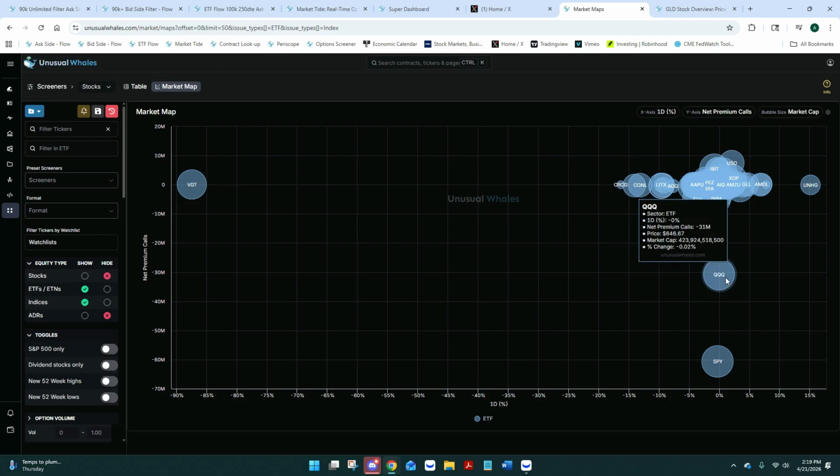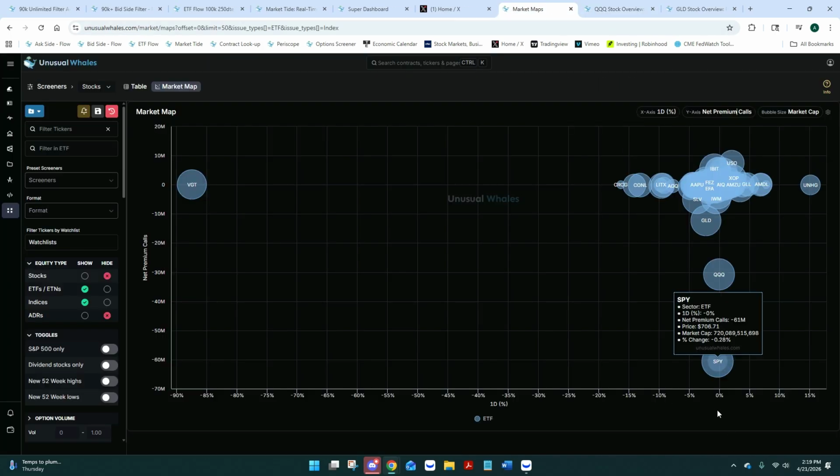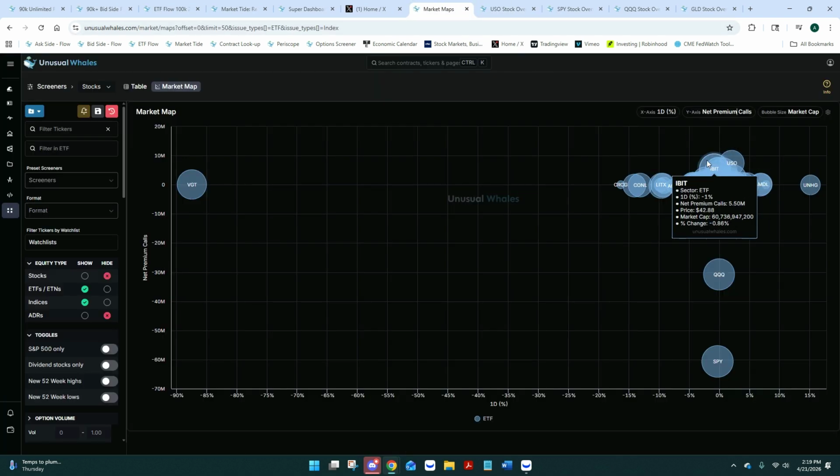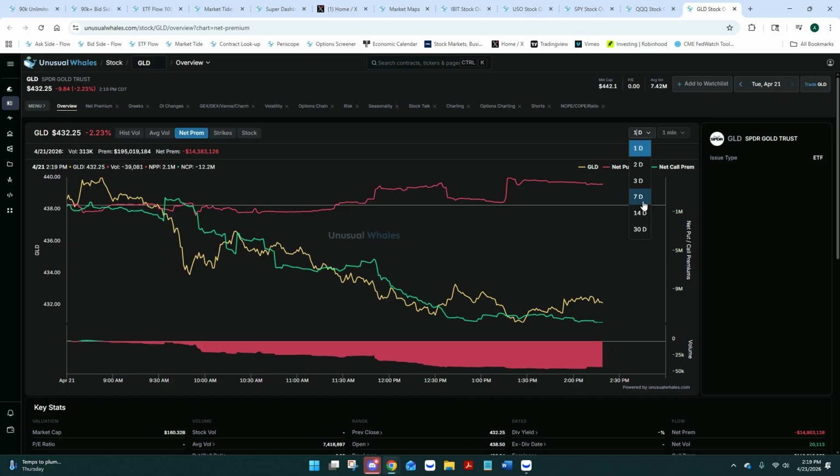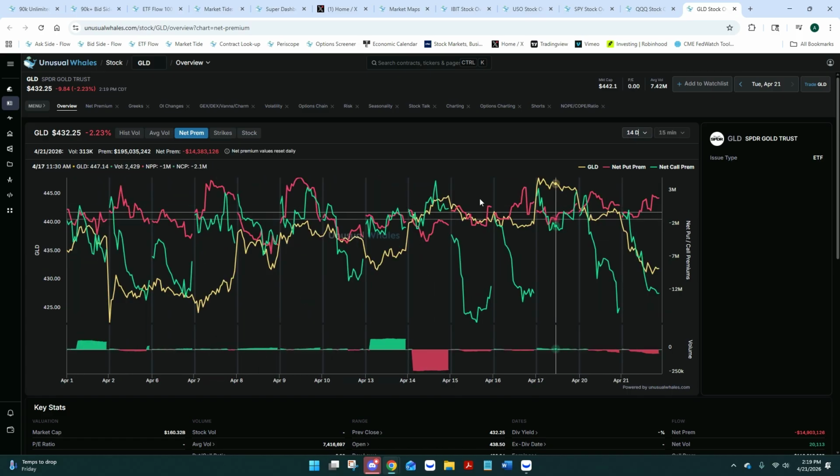I'll just pop in a couple of the outliers: QQQ, SPY, USO, IBIT. We'll look at a couple here. Let's pop out GLD. GLD is getting a lot of call outflow here, and price, maybe a little bit more to fill that gap there. We're pretty in line price-wise there.